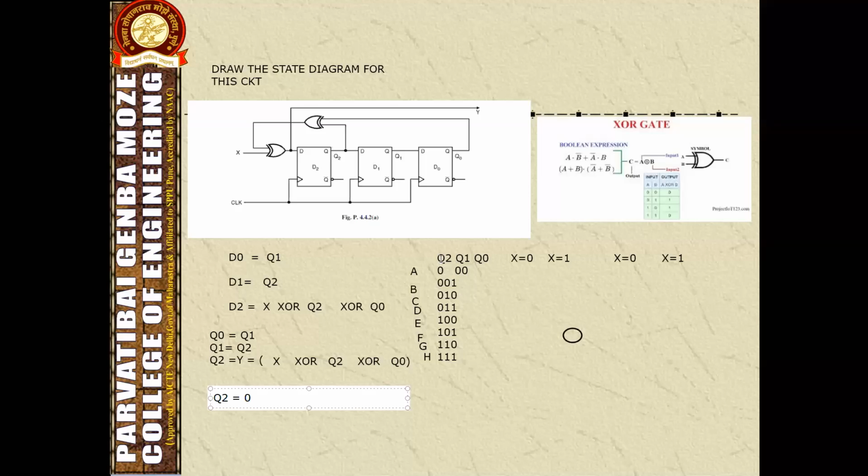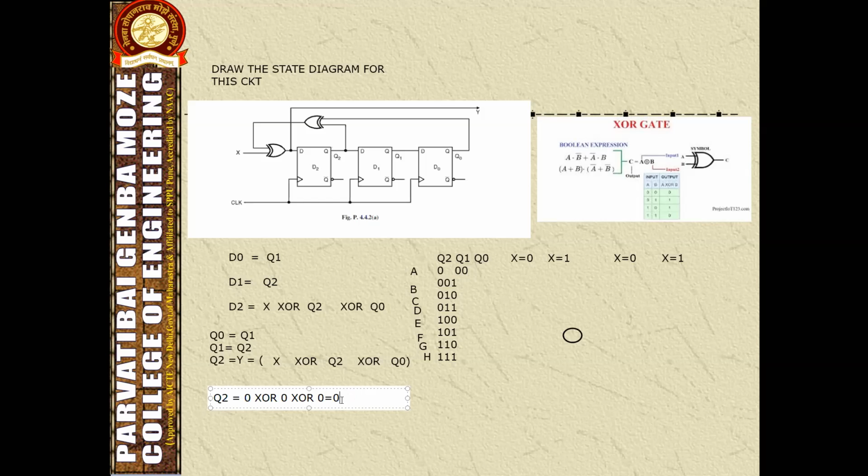Now for this combination, assuming Q2, Q1 and Q0 are 0, I want to find the Q2 for x equal to 0. So what will I get? Here x equal to 0, XOR with Q2, which is also 0, and XOR with Q1, which is also 0. So the output here is 0.